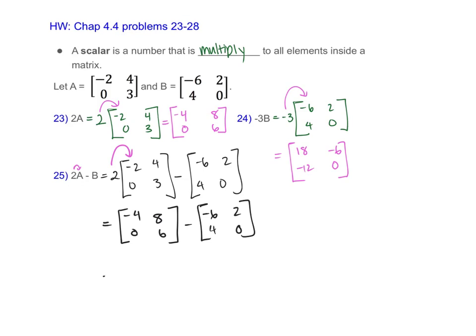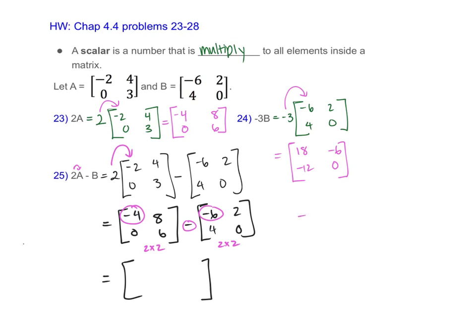So now I get to take my matrix A and my matrix B and subtract them. When I do this, they just need to be the same size, and they are the same size. They're both 2 by 2. So I'm going to take this matrix and subtract the element that's corresponding to it.